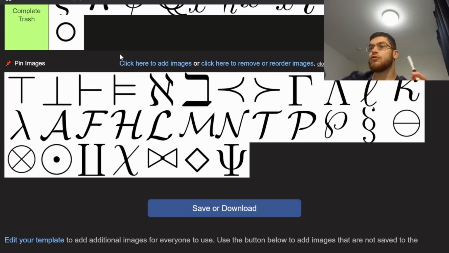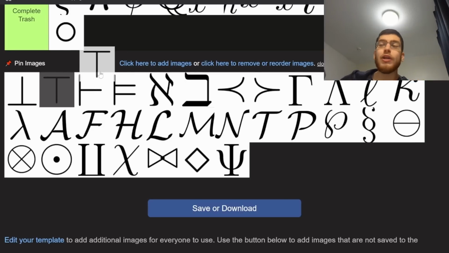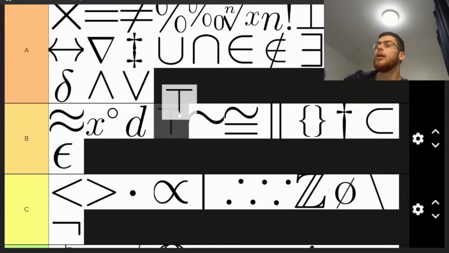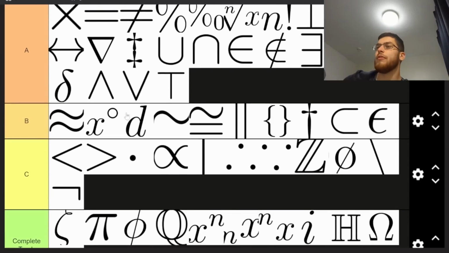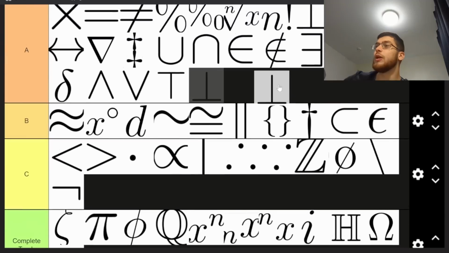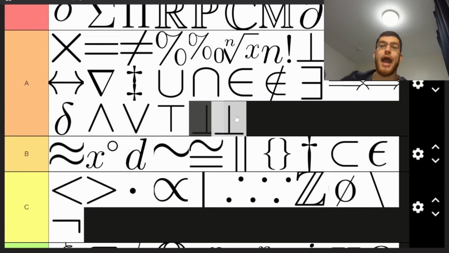Next is the always true. What other letter would you use? Now, this might be confused with the actual letter T. So for that reason, it can't go in S tier. But if it wasn't for the fact that it could be a little bit confusing, it would go in S tier. This one here is an upside down true, and it means always false.